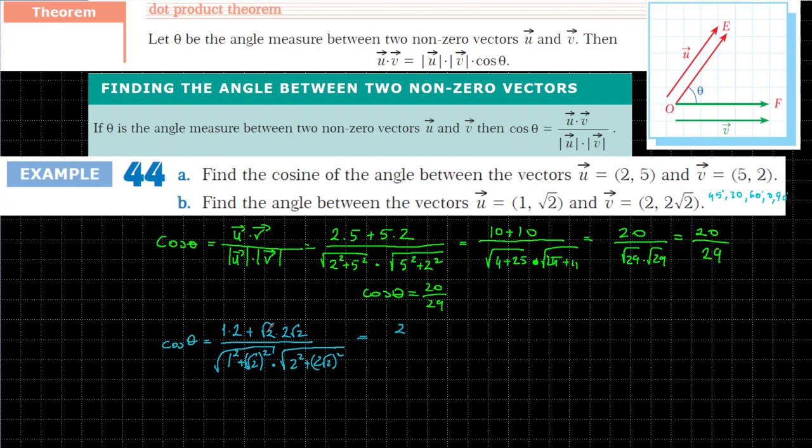Root 2 times root 2 is root 4, so plus 2 times root 4, which is equal to 2.